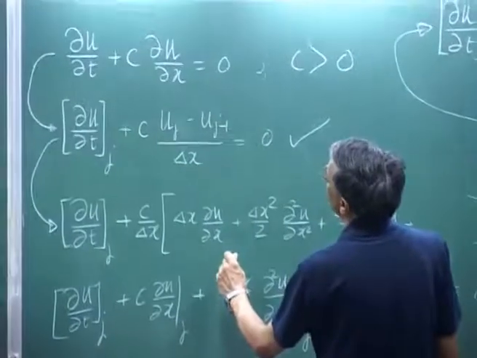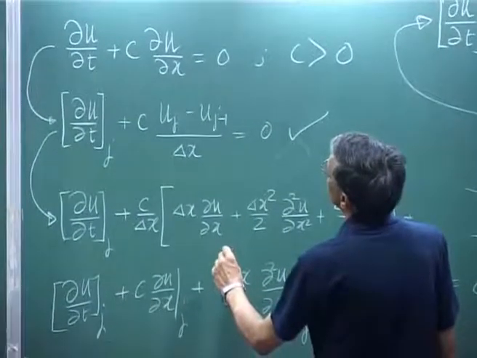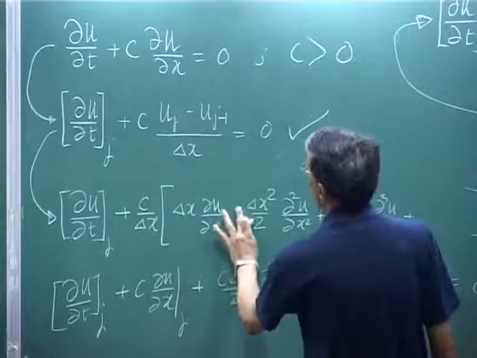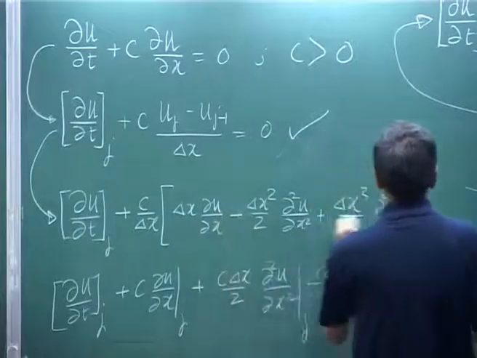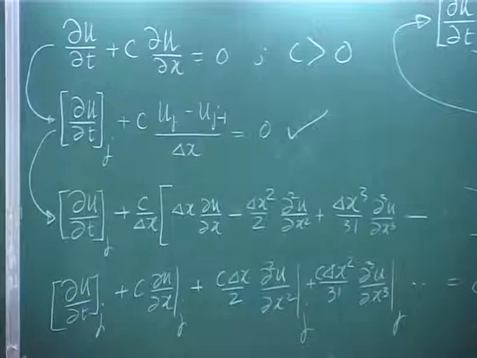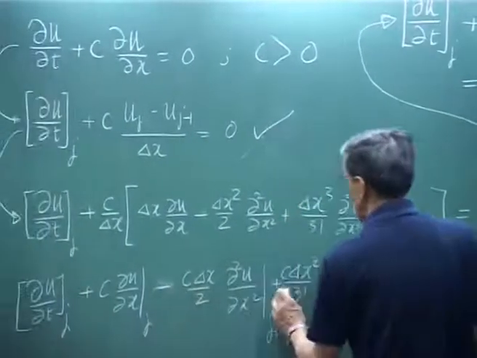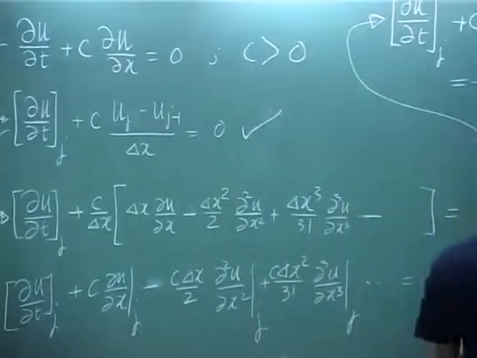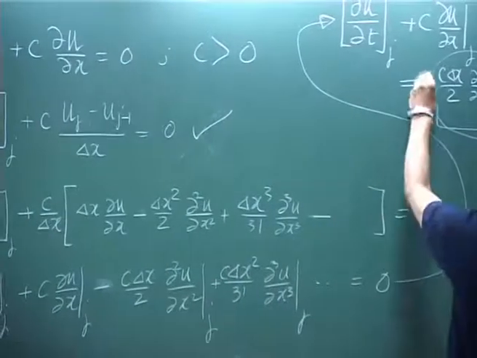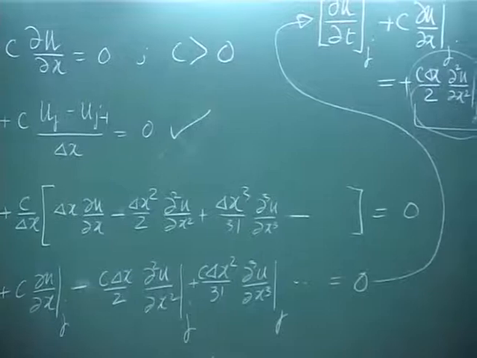So, what would we get? This will be plus, this will be minus, this will be plus, this will be minus, and so on and so forth. So, you will get a plus sign here.